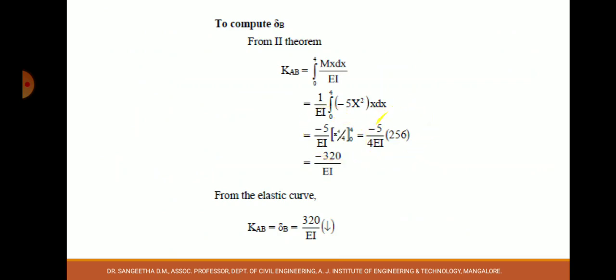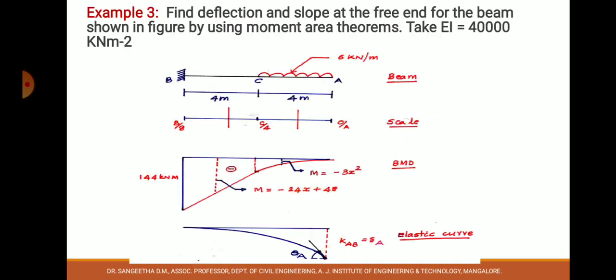Substituting with the limits, you will get delta AB is minus 320 by EI. Since at A the support is fixed, the deflection is 0, so it is taken as the beam line only. So the deflection from the beam line is delta B, and that is 320 by EI.